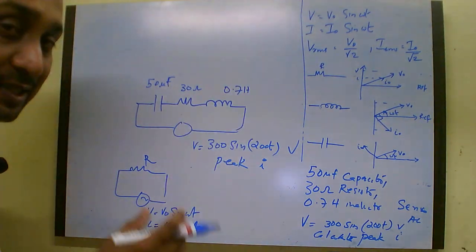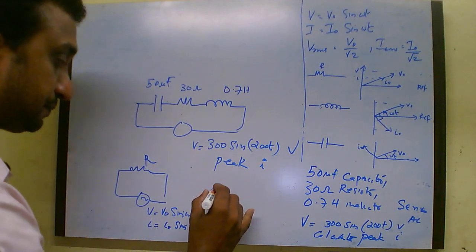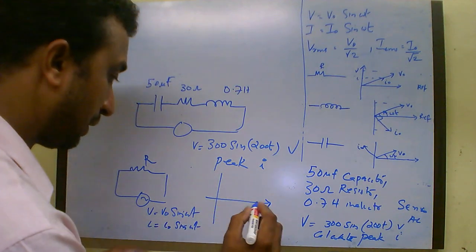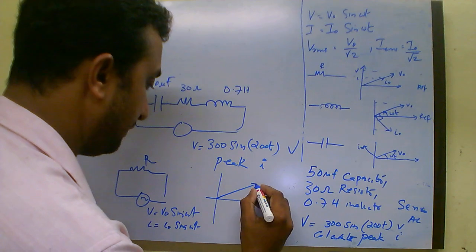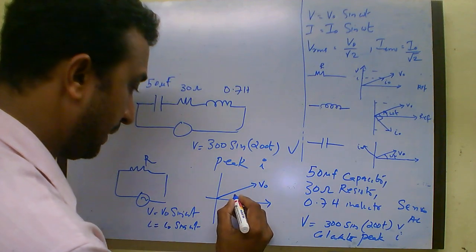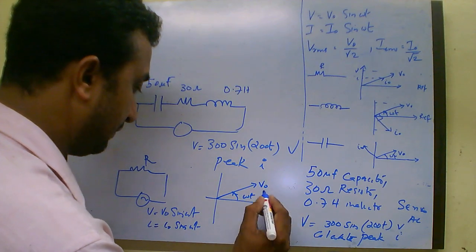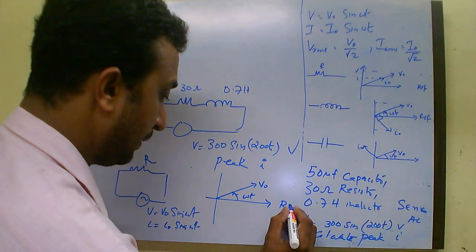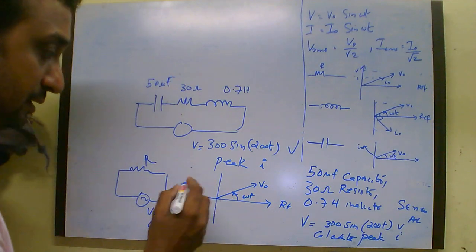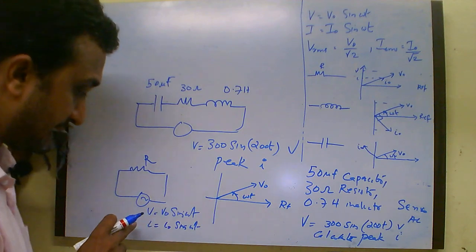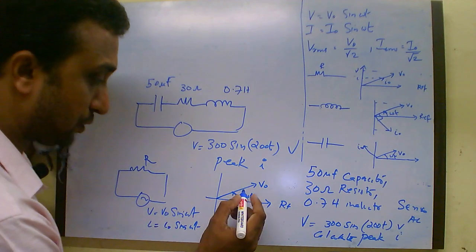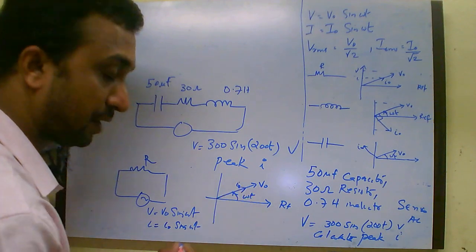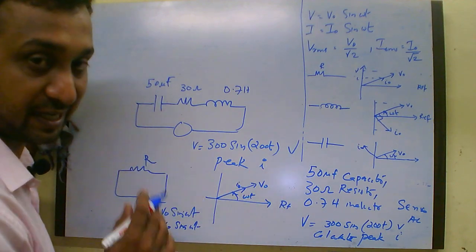So when you represent it using the phasor diagram, you represent it like this. Let this be V0, which is making an angle of omega t with the reference line, and since you have applied the AC across the resistor, both are in phase, so you also represent the I0 value, that is the peak value of current, also along the same line.